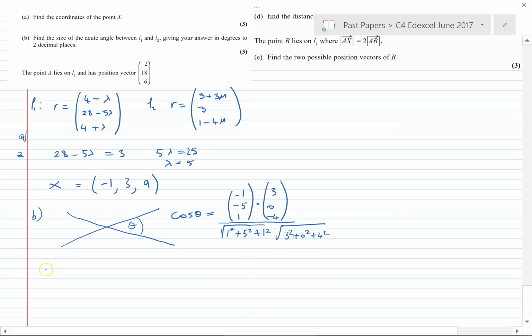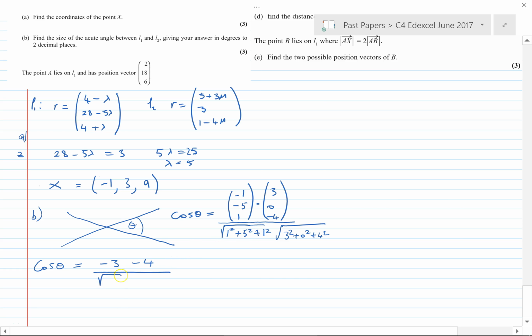Okay, so that gives me cos theta equal to minus 3 plus minus 5 times 0, which is 0, and 1 times minus 4 is minus 4.